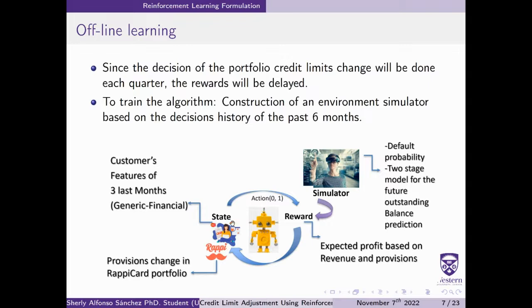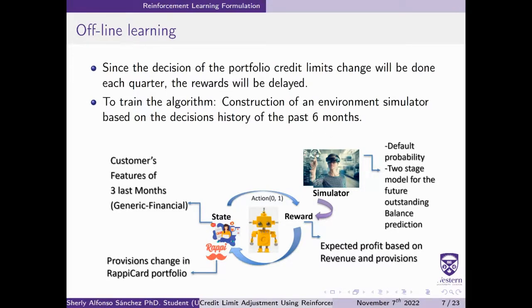Here I present the elements of the reinforcement learning approach. Here we have the states, which include customer features of the last 3 months. We analyzed the effects of including only financial variables, and also including global variables given because of the usage of the Rappi app. We also included another variable that accounts for the global state of the company in terms of provisions.